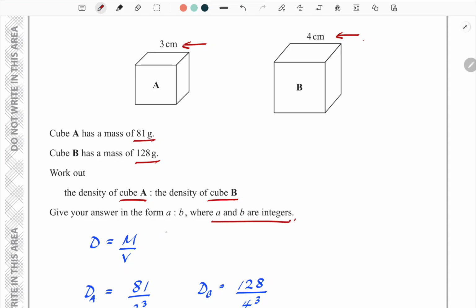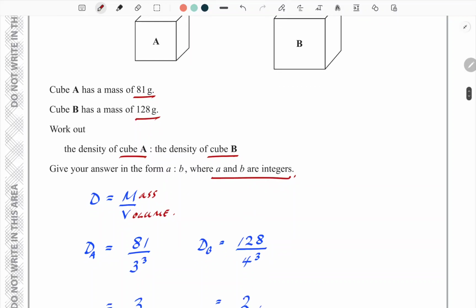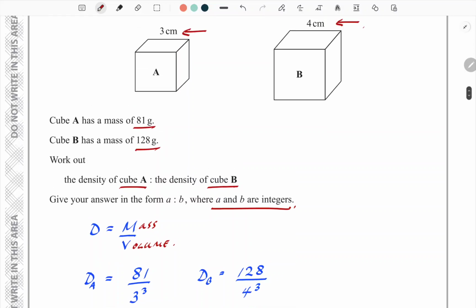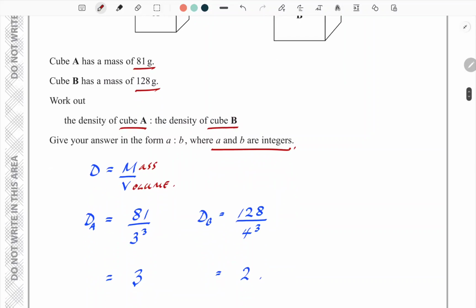First of all, you need to remember that density is mass over volume, all right? And so the density of A is 81 grams over the volume, which is going to be 3 cubed, right? 3 times 3 times 3. On cube B, the measurement was 4, so that's 128 grams over 4 cubed.